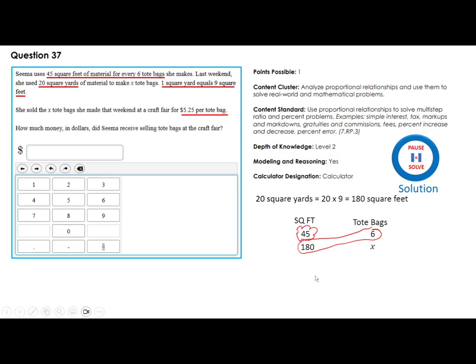So, X is 180 times 6 divided by 45, 24 tote bags. Okay, that's how many she made. She sold each one for $5.25, and then how much did she make? So 24 tote bags times 5.25 is $126.